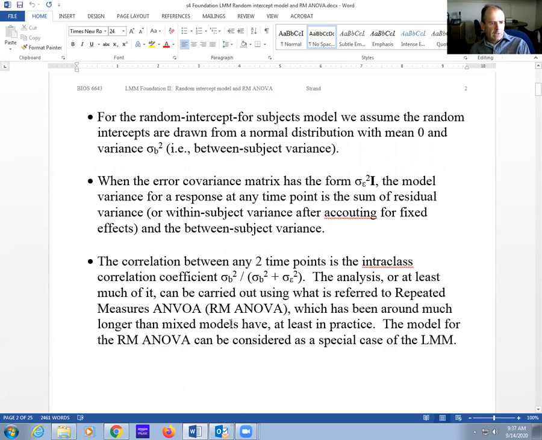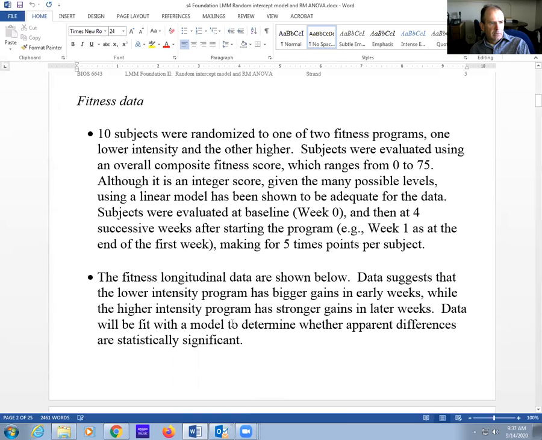Okay. So I'm going to just present some fitness data. Ten subjects were randomized to one of two fitness programs. One was a lower intensity and one was a higher intensity. And they were given an overall composite fitness score that could run from 0 to 75.